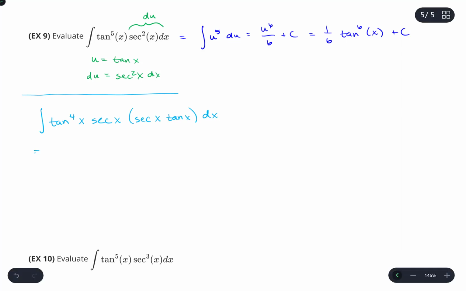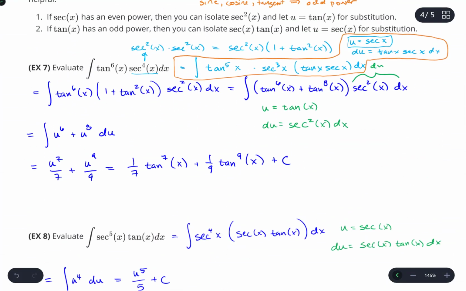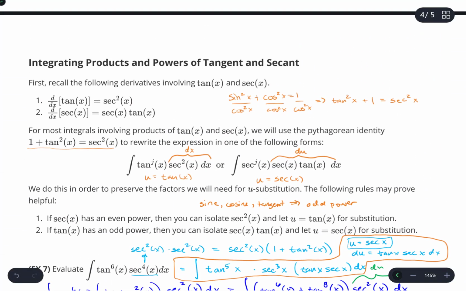To get that to happen, I need to change this tangent to the fourth into secants. So tangent, make sure you're careful here, back to this Pythagorean identity up here, tangent squared is secant squared x minus 1.